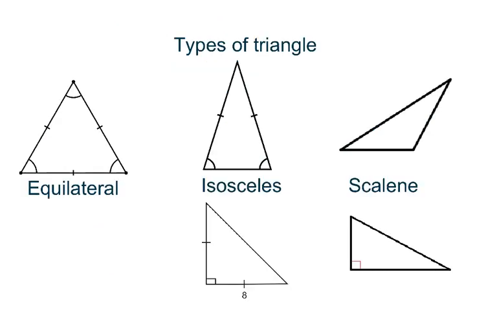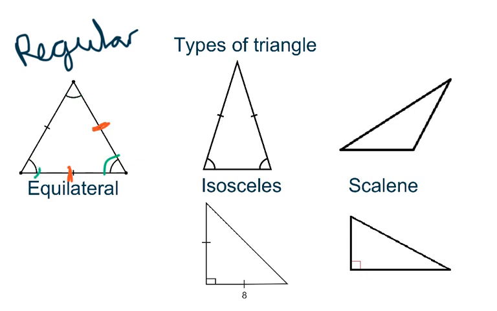Before we get started, I would like to remind you of the types of triangle. There are 3 types of triangle, but 2 of those can be then split again into different ones. So the first type of triangle we've got is the regular triangle, and if you remember from our lessons on regular shapes, that means that all the sides are the same length and all the angles are the same.